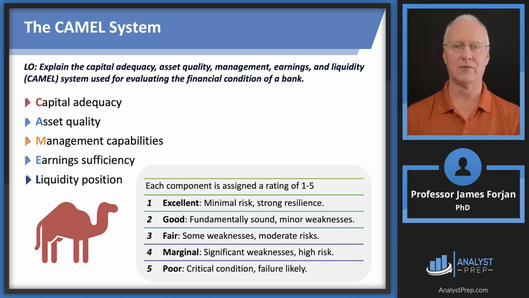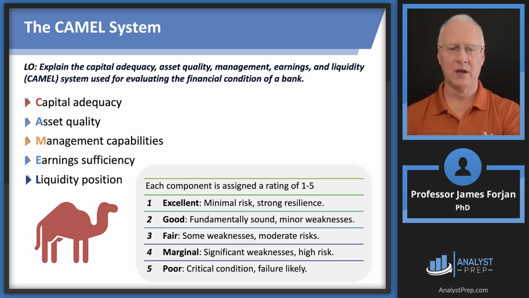So here's my takeaway: the beginning of this section mentions these, but there are lots and lots of definitions and applications and implications that we're going to use throughout this chapter and beyond in future chapters. One thing that you should probably be aware of: each component is assigned a rating of 1 to 5. So 1 is the best, 5 is the worst. You might get a question on interpreting 1, 2, 3, 4, and 5. So there you go. There's a good gray box to help you with that.